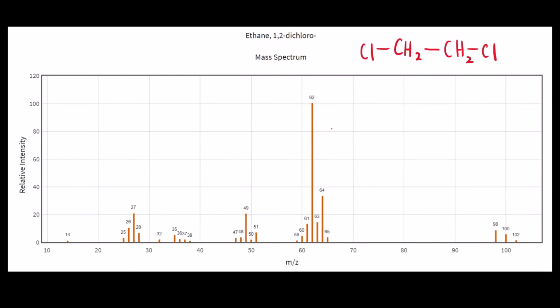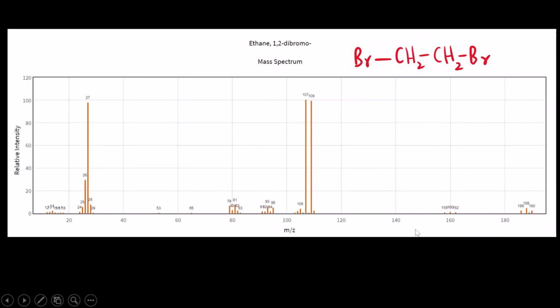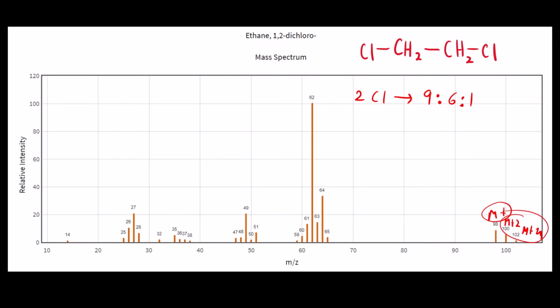Next is 2 chlorine. What was the ratio we had got? For 2 chlorine, the ratio we had got was 9 is to 6 is to 1. So this is M plus, this is M plus 2, and 102 is M plus 4. So this is a molecular ion peak and 2 isotopic peaks.